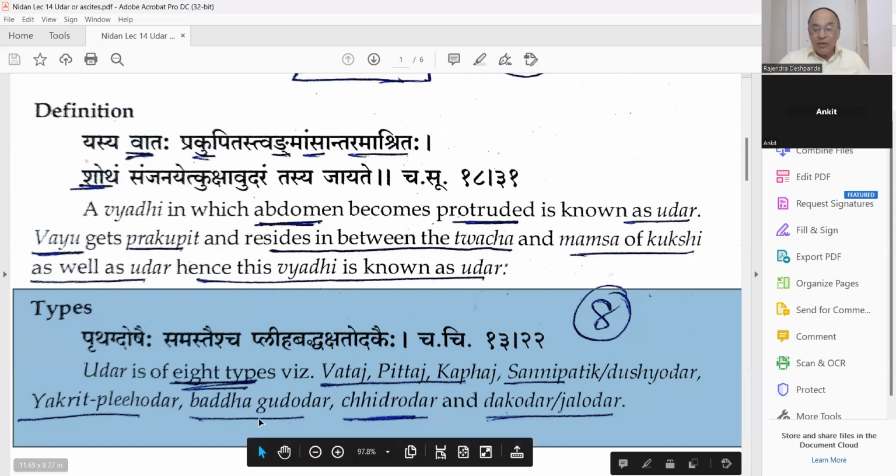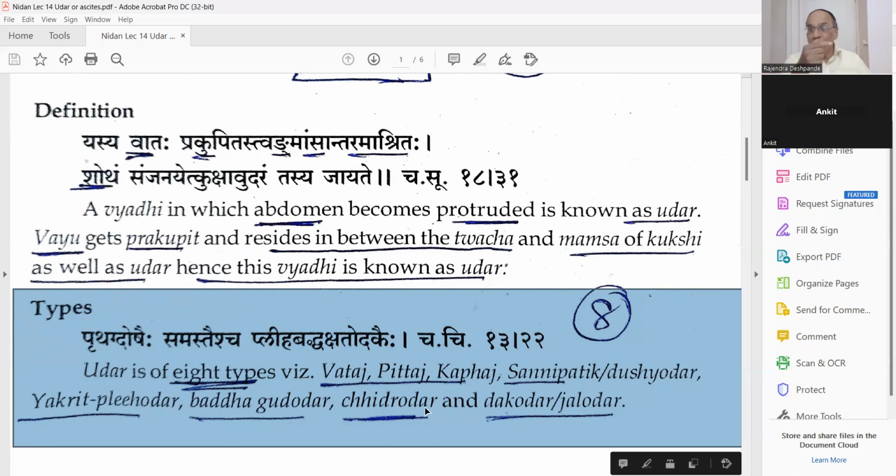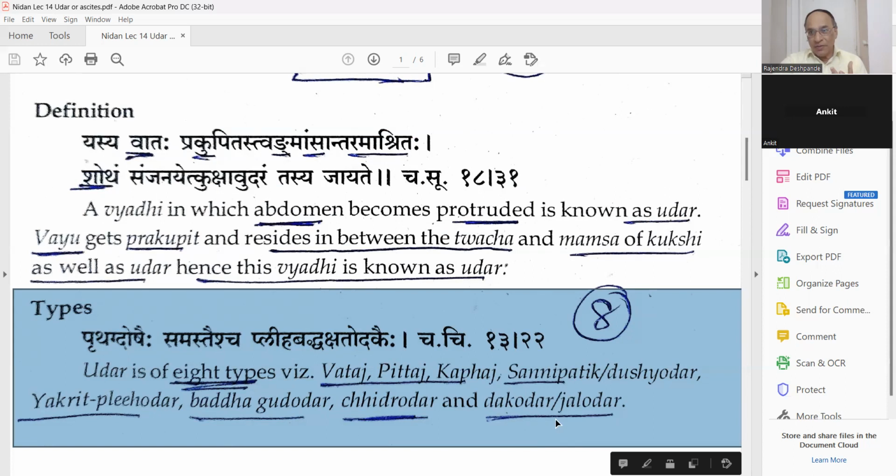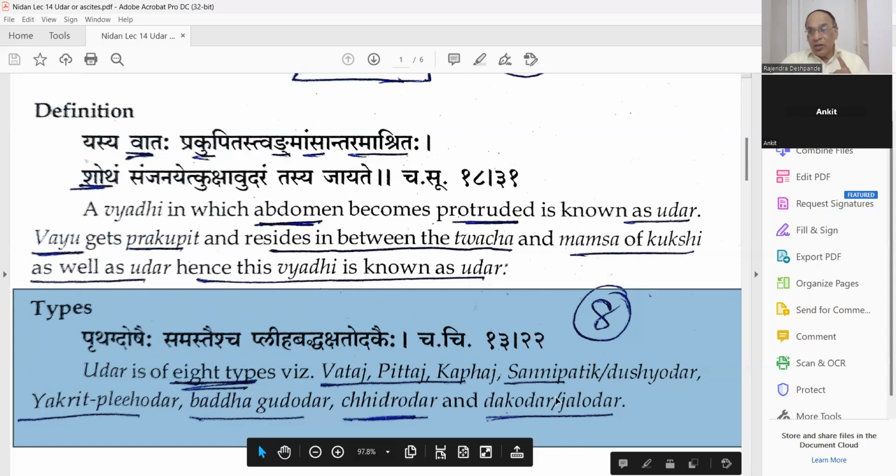Next, Baddha Gudodara, obstruction in the colon. Chidrodara, perforation. Please write down Chidrodara, perforation, and Dakodara or Jalodara.